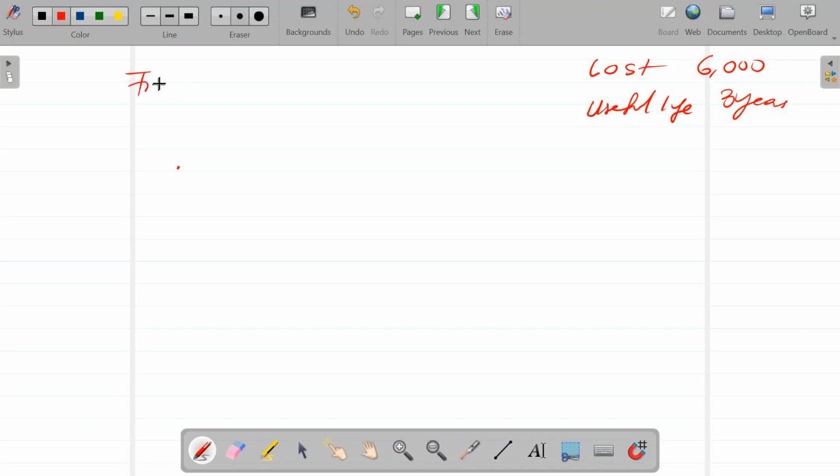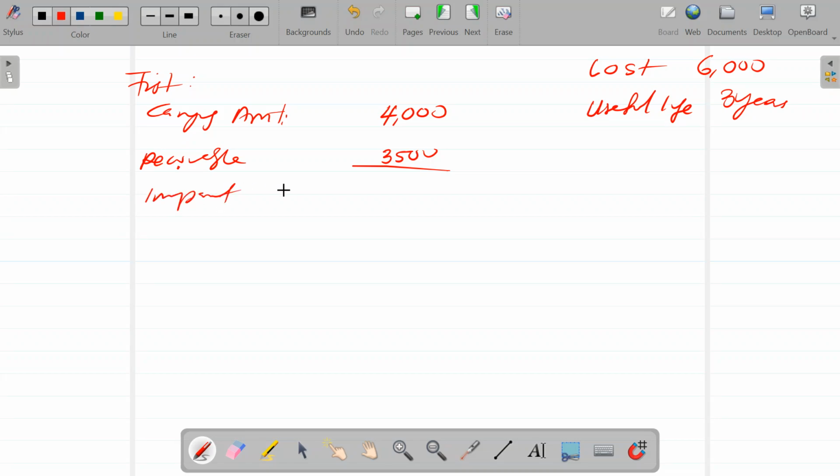Okay, so first year carrying amount 4,000. Recoverable amount 3,500. Impairment 500. So we come to the second year.